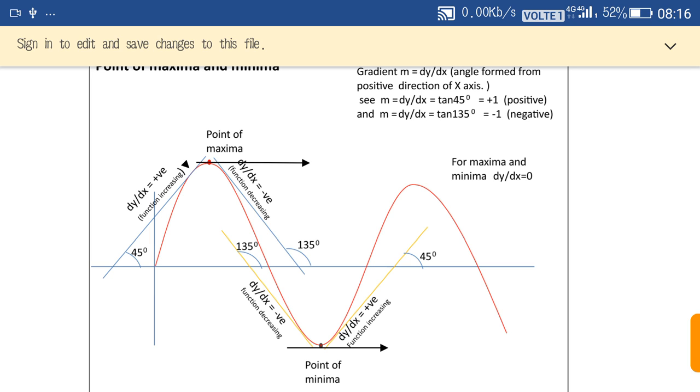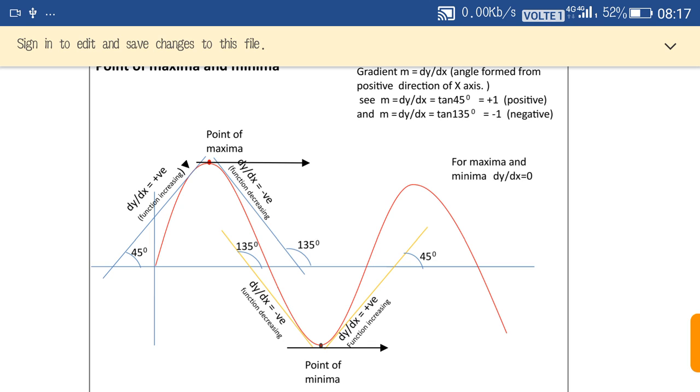Before it is positive, after it is negative. Similarly, if before it is negative, then after it will be positive. So it means f dash x changes its sign. But in case of a point of inflection, f dash x will have the same sign after and before.